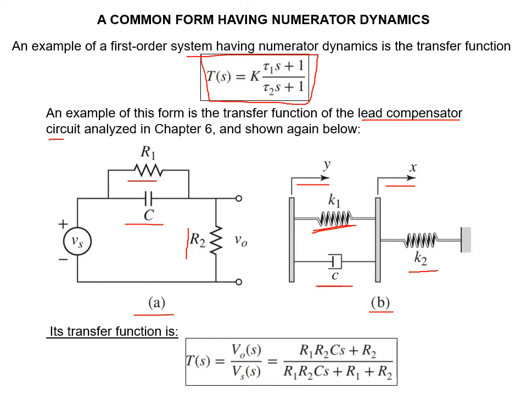So we can see how we can relate from our circuit diagram here. On our circuit diagram, we also have this Vs, or our voltage source, or input voltage over here, and our Vo, or our output voltage over here. So now the transfer function for this circuit, we can see down below.